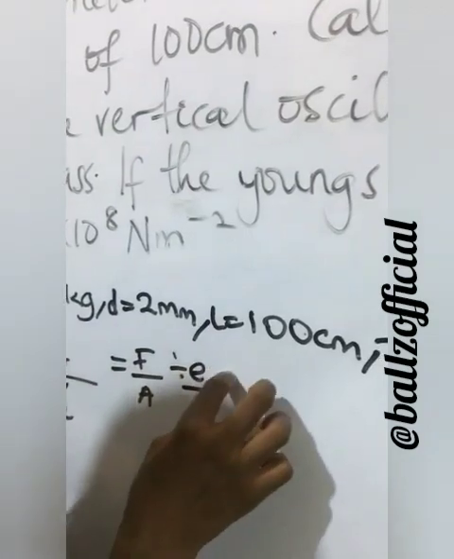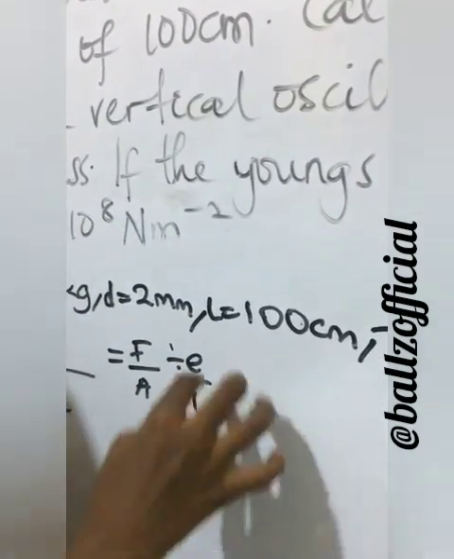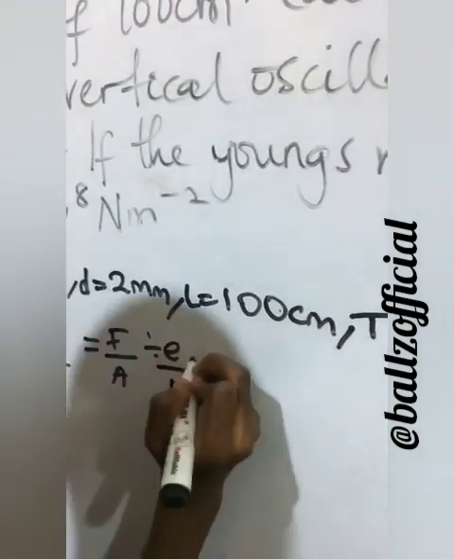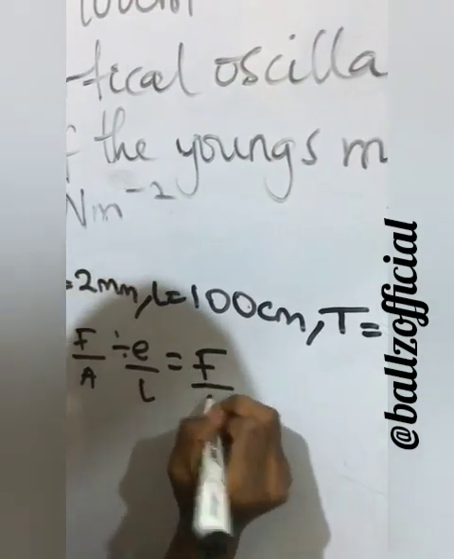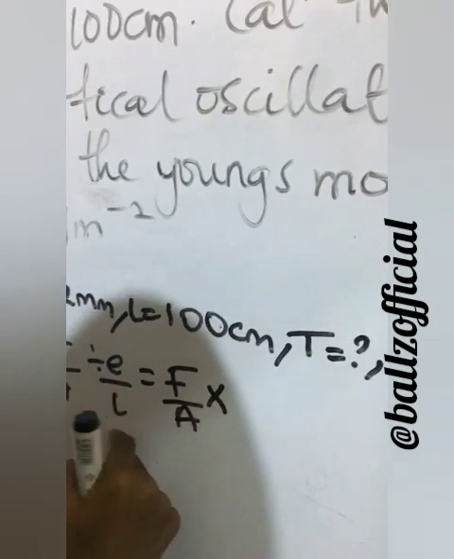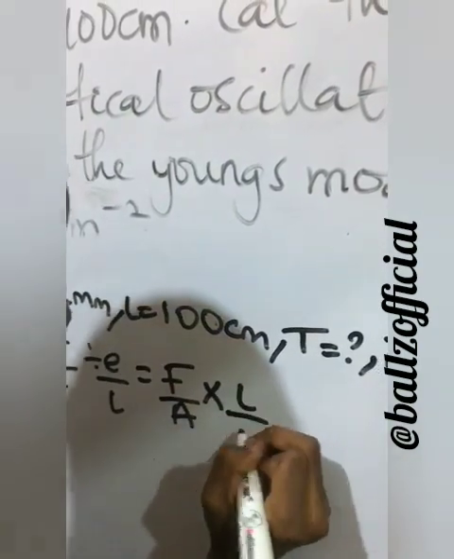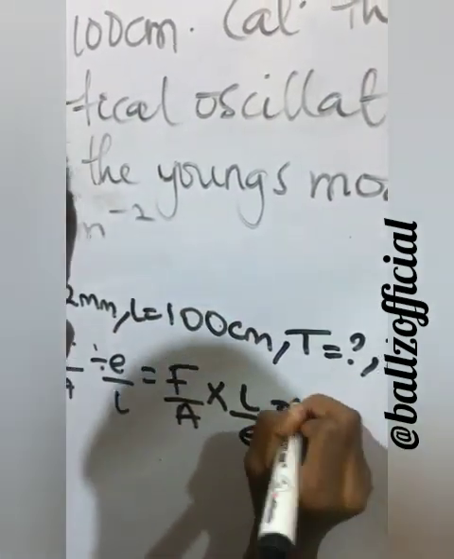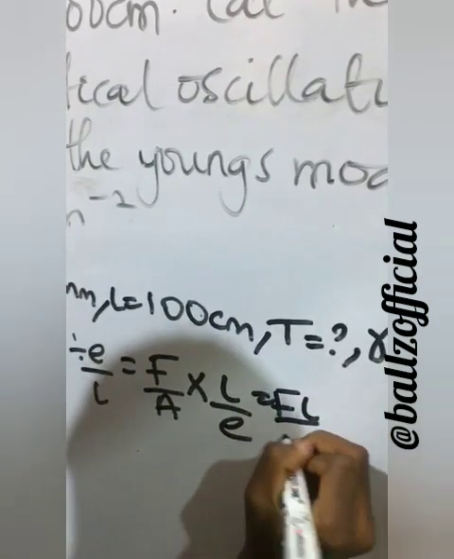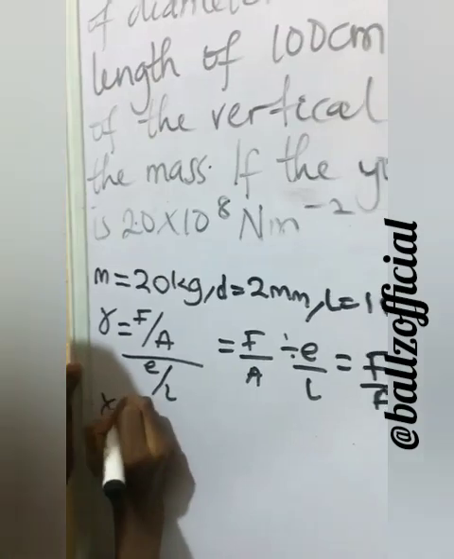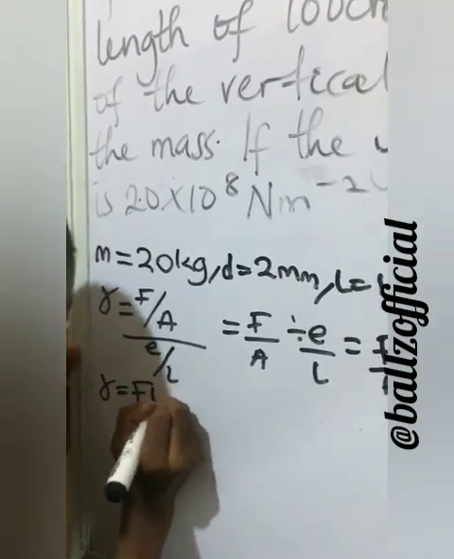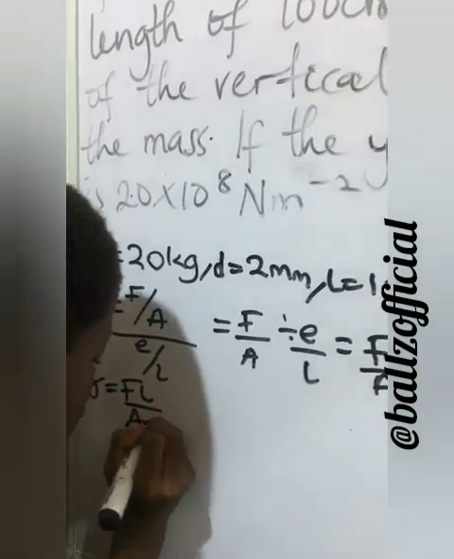That means the numerator will come to the denominator and the denominator will come to the numerator. That's going to be force all over area. Then after the divide sign changes to times, this length comes to the top all over extension. That's going to be F L all over A E. So we know that Young's modulus is equal to F L all over A E.